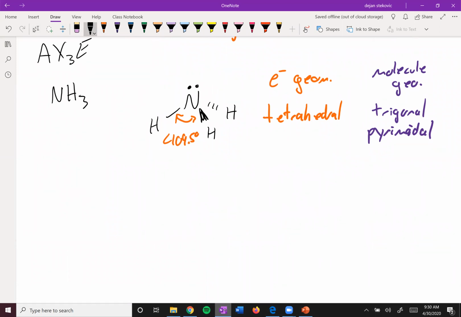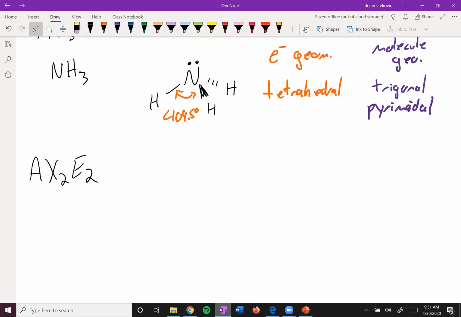And so we can go even to more shapes, right? What if we replaced yet another atom with a lone pair? So now we're in this form of AX2E2, right? 2 atoms, two lone pairs. Water is going to be an example of this. And so it's still overall this tetrahedral shape, but this is the way water is generally drawn, with the electrons looking as though they're both in the plane.